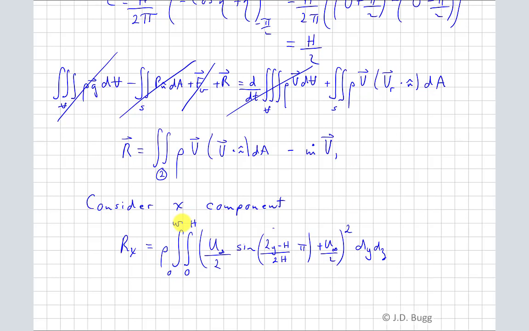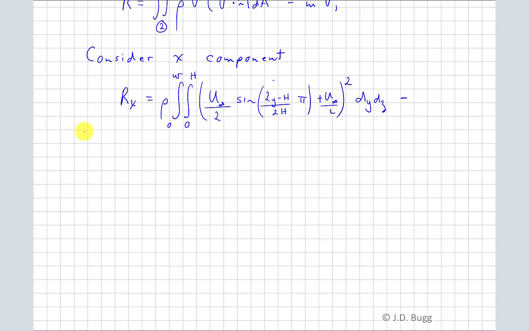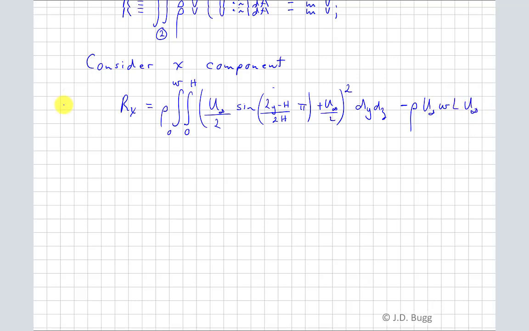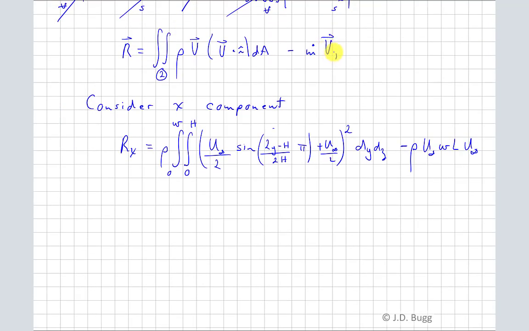So that's our exit. Then we have a uniform inlet, so it's negative. The mass flow rate is the density times u infinity times w times L, so that's the mass flow rate, but then we need to multiply by the velocity again to account for this. So notice that here v1 is shown as a vector because we're still considering both components, but the velocity at 1 is only in the x direction, and its magnitude is u infinity. So that's why that shows up there.